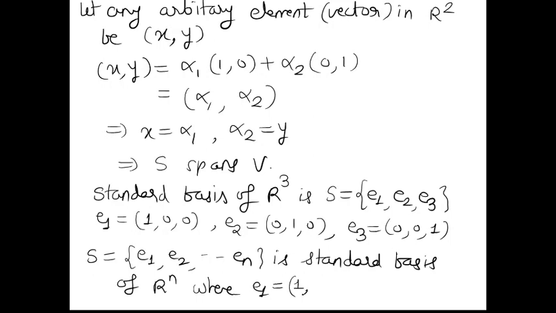E1 will contain 1 in the first place, and the remaining n minus 1 elements will be 0. In E2, at the second place we have 1 and all other elements will be 0. Like this the standard basis is obtained.